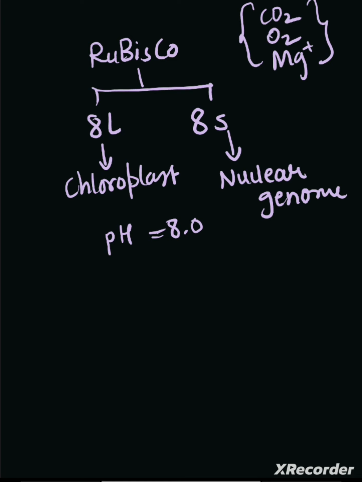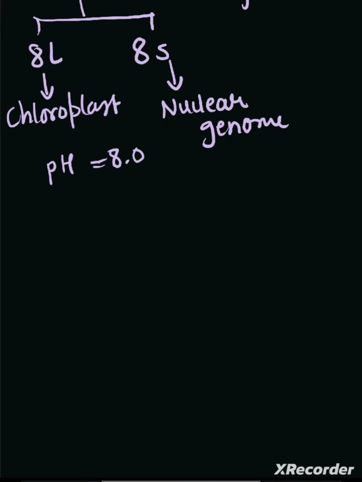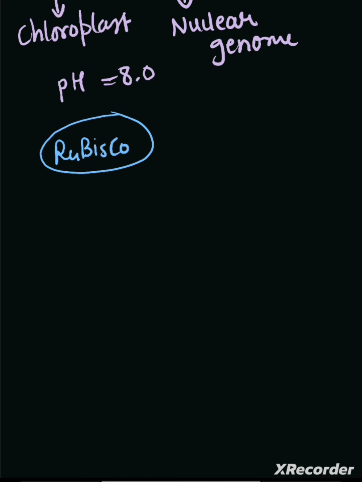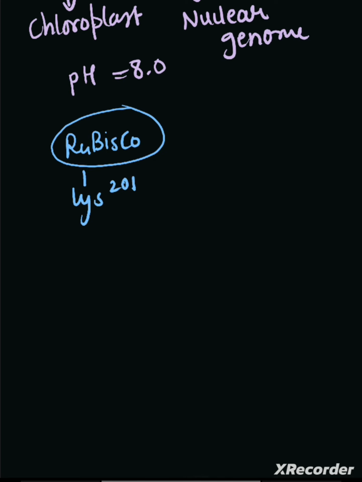Now let's talk about making this Rubisco enzyme active, because it's not always in the active form. You have your enzyme Rubisco, and it has a lysine residue at position 201, and this lysine residue has an NH3+ group.